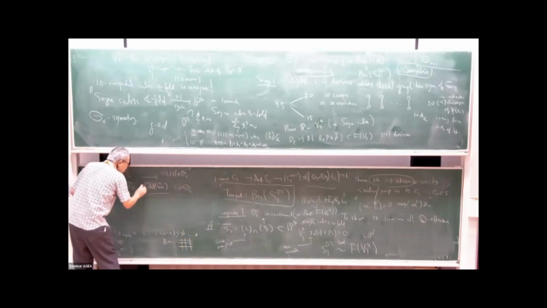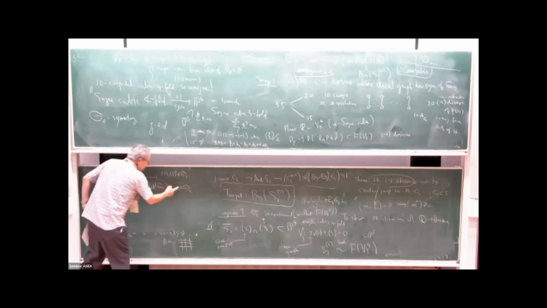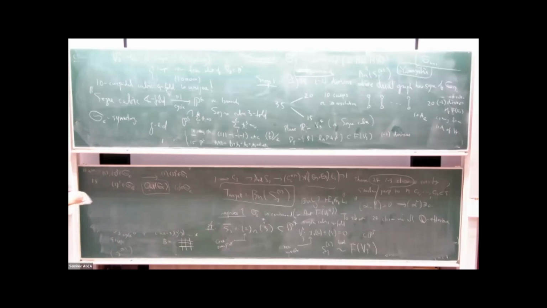Operate the non-trivial outer automorphism of S6. Then this changes into this. This makes our task very easy.